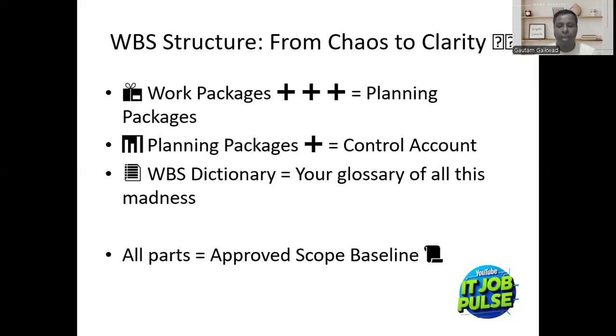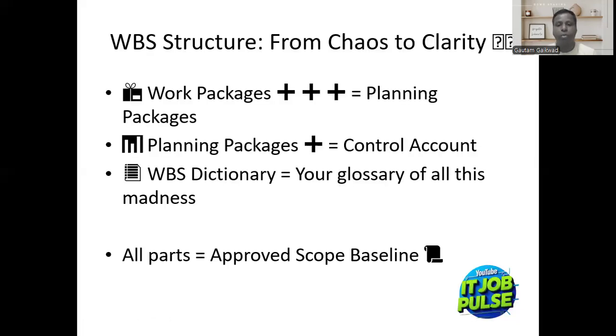Now it is ready. The scope baseline is ready, and once we reach the approved scope baseline, that means the scope is finalized. It is frozen. We cannot go back.